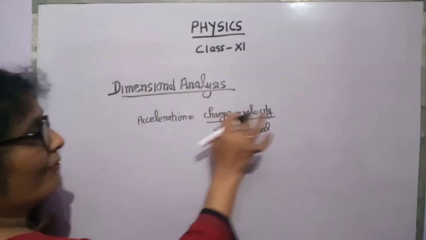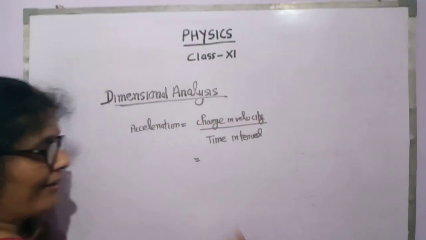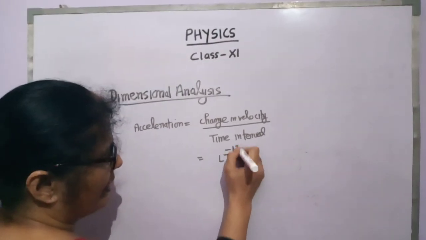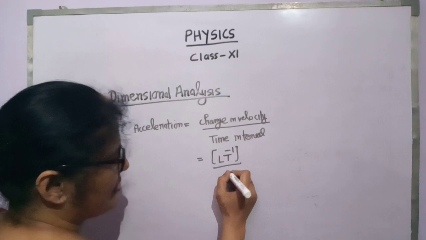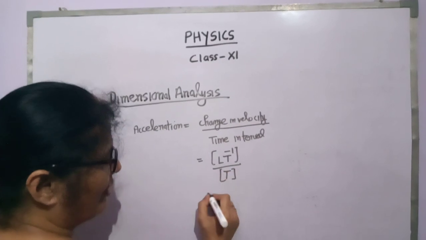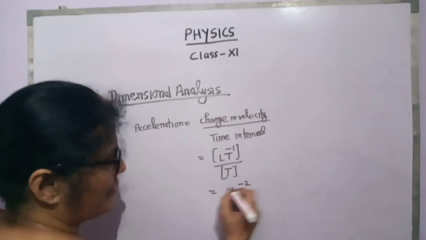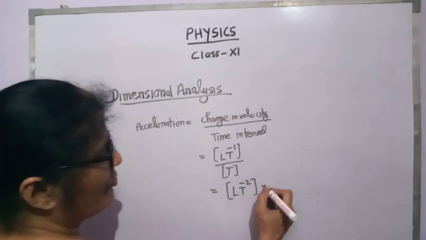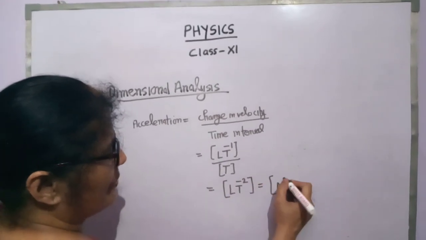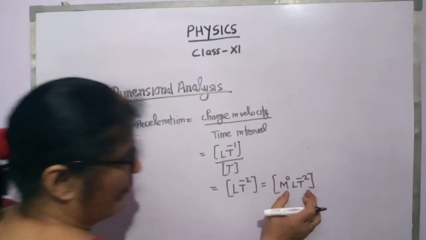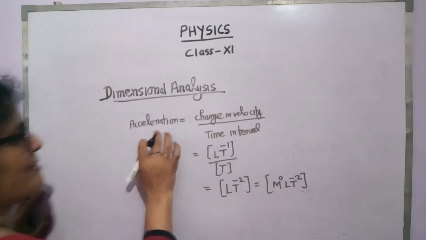What is the change in velocity? Displacement divided by time, that means L T raised to the power minus 1. Time interval means time. After simplifying, we get L T raised to the power minus 2. In proper form, you can write M raised to the power 0, L, T to the power minus 2. This is the dimensional formula of acceleration.